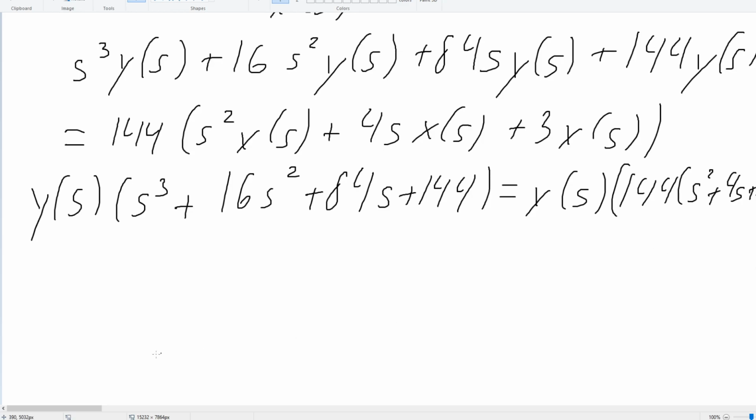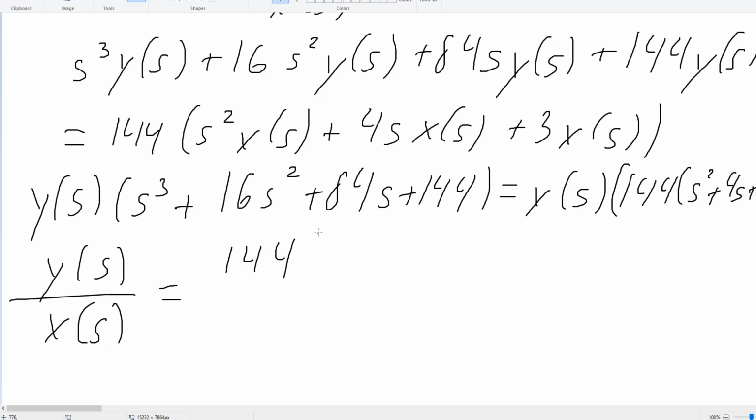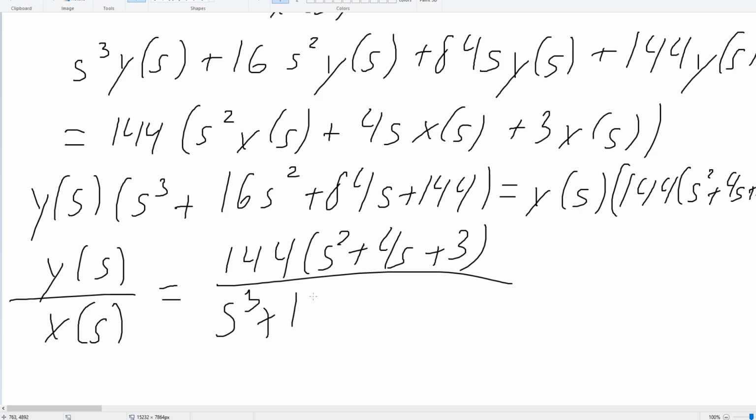So this is going to be Y(s) over X(s), right, and then we're going to write this: 144 over s squared plus 4s plus 3, divided by s cubed plus 16 s squared plus 84s plus 144. So as I said, do not write this part over here.